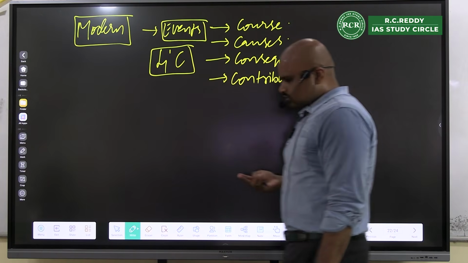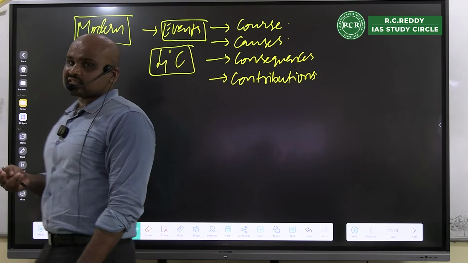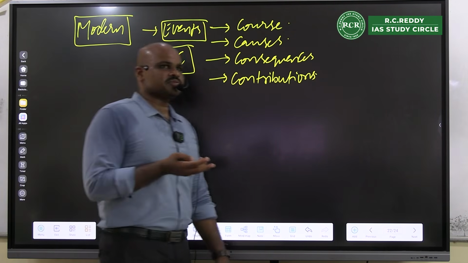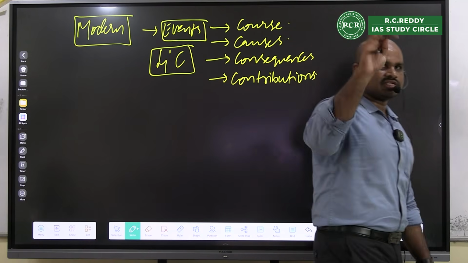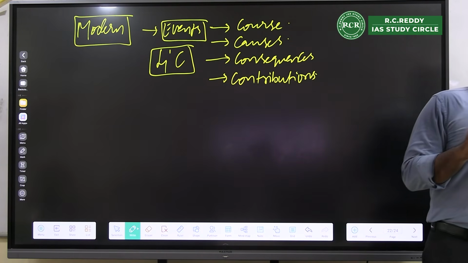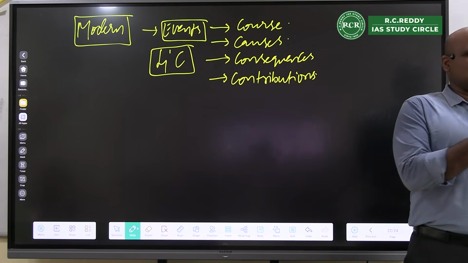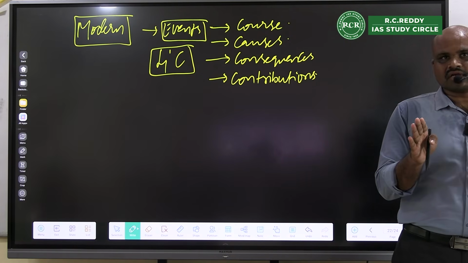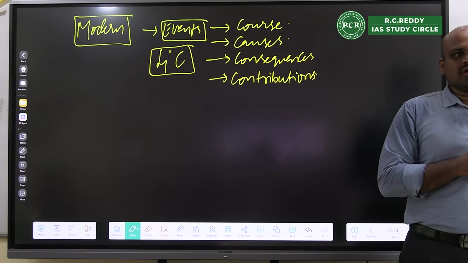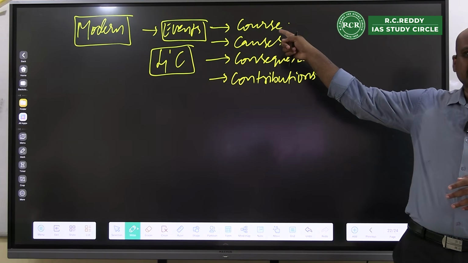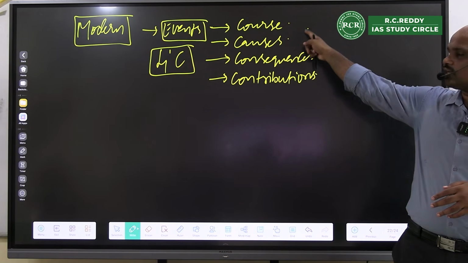Per se, if they are asking something on tribal movements, socio-religious movements, or the Indian National Movement, the period of 1940 to 47 or Quit India, anything in modern history after 1857, any part of it will definitely have some course.